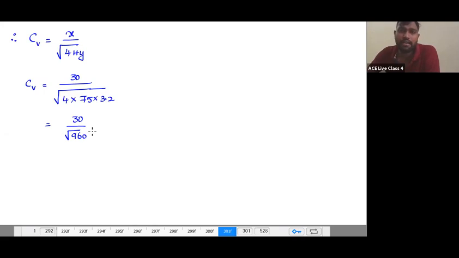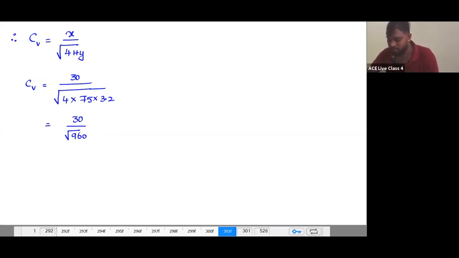Root 900 is 30, since 30 into 30 is 900. So this root of 960 is going to be more than 30, then the CV value is going to be less than 1.